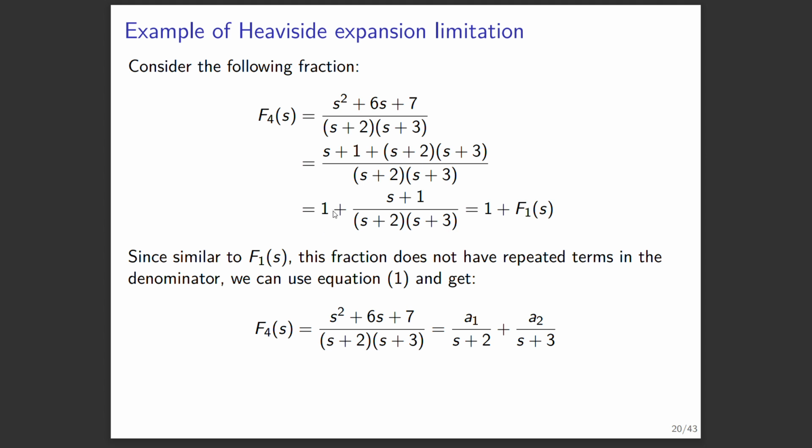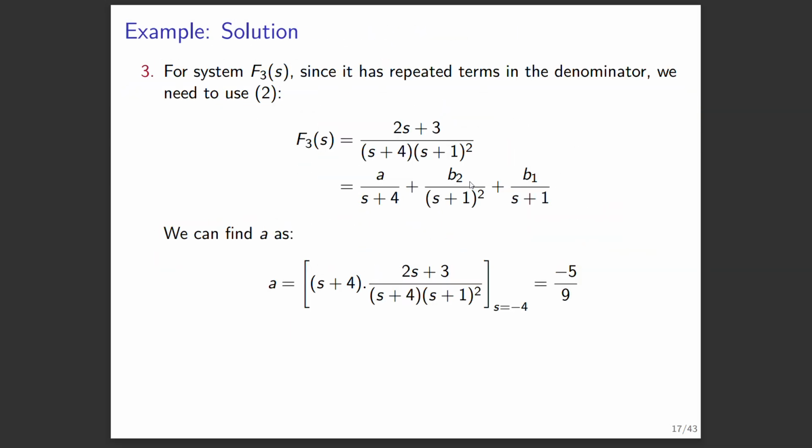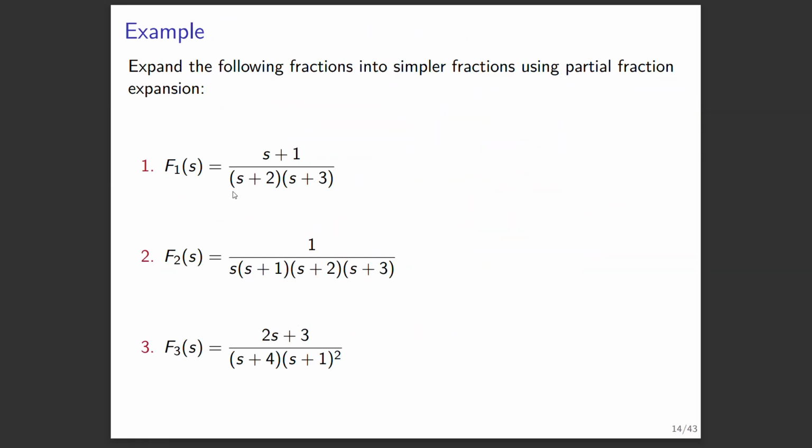So let me take 1 out. What's going to remain is 1 plus s plus 1 divided by s plus 2, s plus 3. This term was in our examples here, right? That is what we called f1.